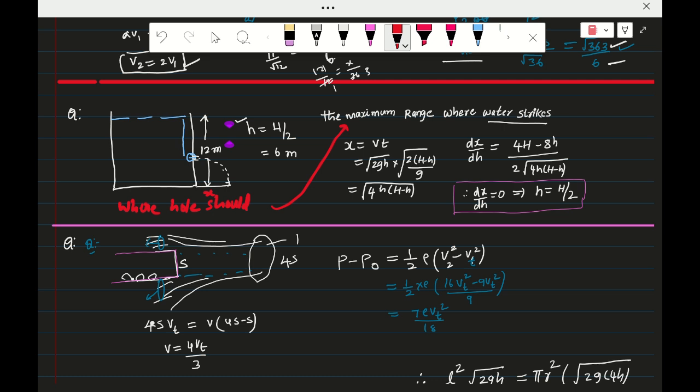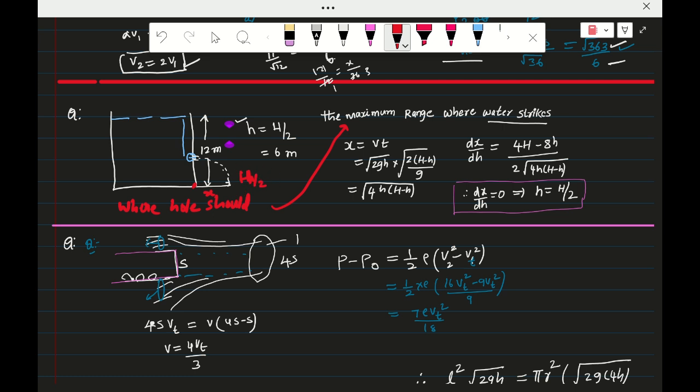Similarly here, anywhere on the wall of the beaker or vessel or tank, if you make a hole, the water comes out and strikes the ground. The maximum range from the bottom of the beaker is achieved at h by 2, meaning capital H by 2. H is the column of water in the tank.